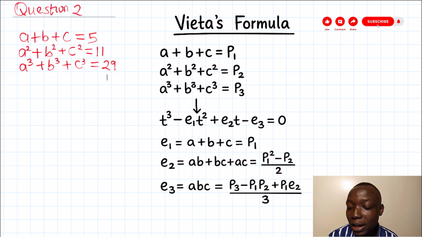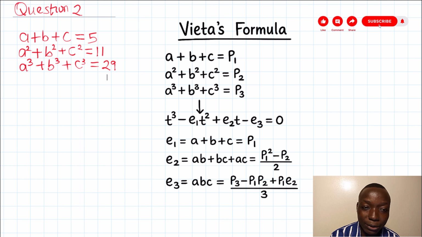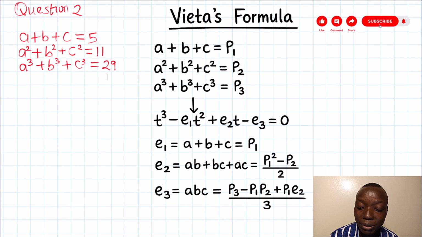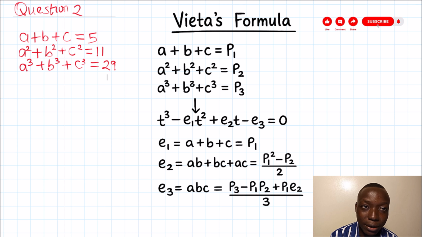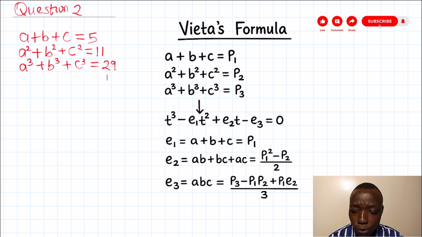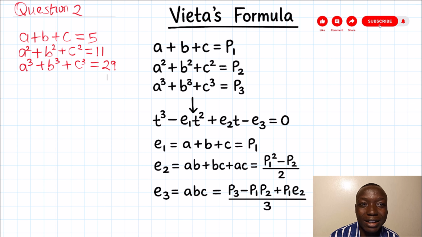Now, Vieta's formula assumes that a, b, and c are roots of a cubic equation, and you can set up your equation as t cubed minus e1 t squared plus e2 t minus e3 equals 0. Now, the formulas for e1, e2, and e3 are also shown on the screen. Right, so we'll just go ahead and plug in.